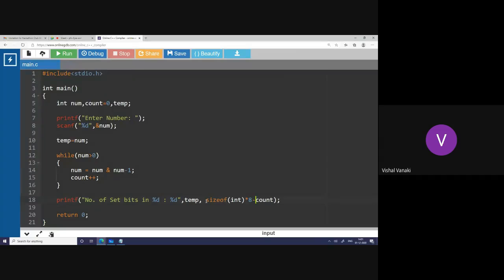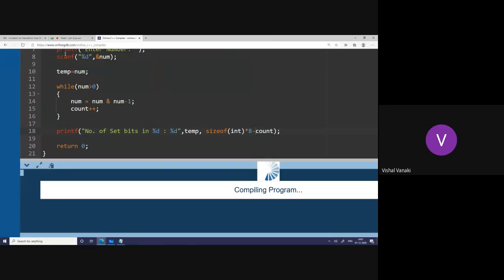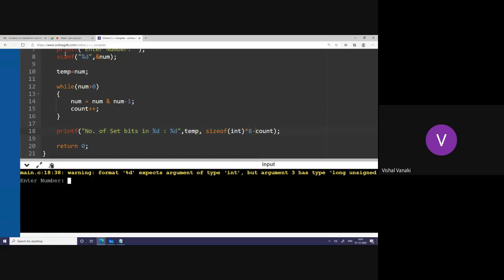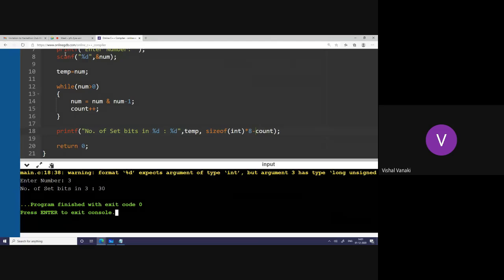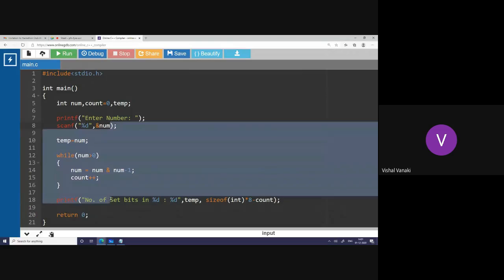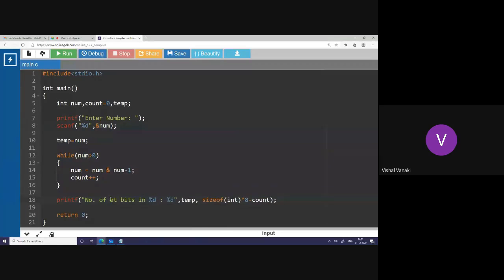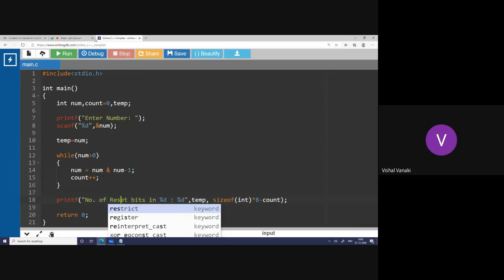So whichever compiler it is, doesn't matter. 16-bit int size will be 2 bytes. 32-bit int size will be 4 bytes. So this program will work irrespective of any compiler. Sorry, I should have changed the name here to reset bit. One second, let me change. Right, reset bit.